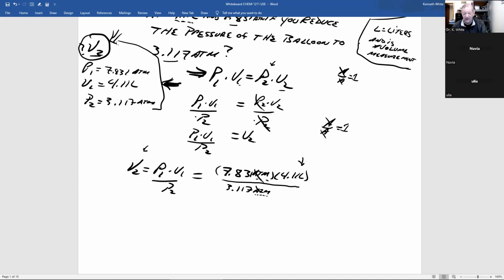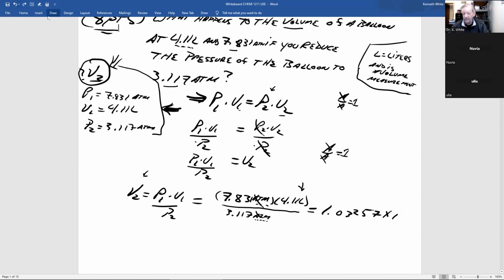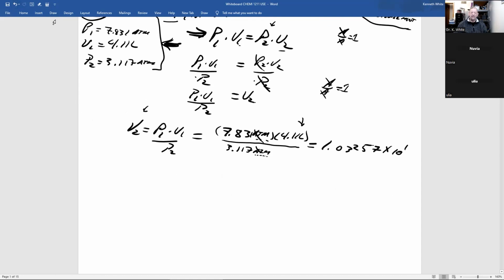And my calculator gives me this number. Actually, there are more digits, but I'm not going to write them all down. And remember, for all calculated answers, please use proper significant figures.